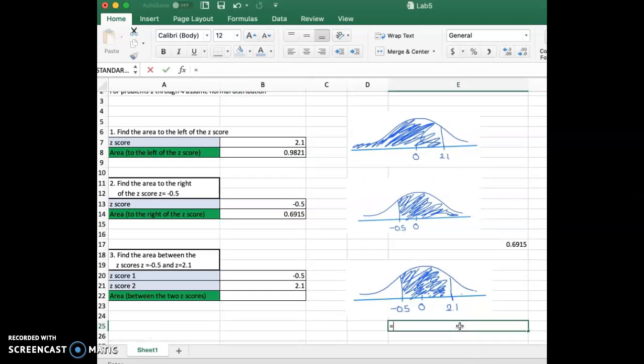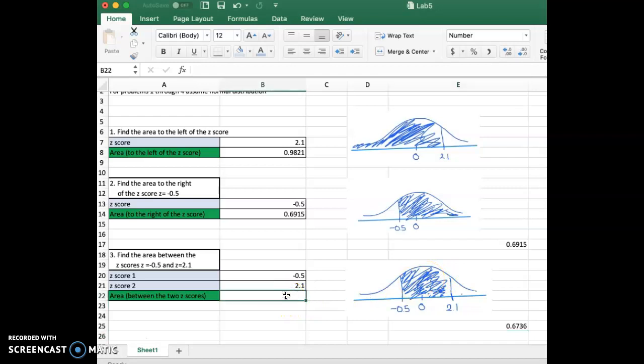If we want to do it by hand, 0.9821, and I subtract the area to the left of the z-score negative 0.5, which we already looked at, which was 0.3085, I can find the area between these two z-scores.